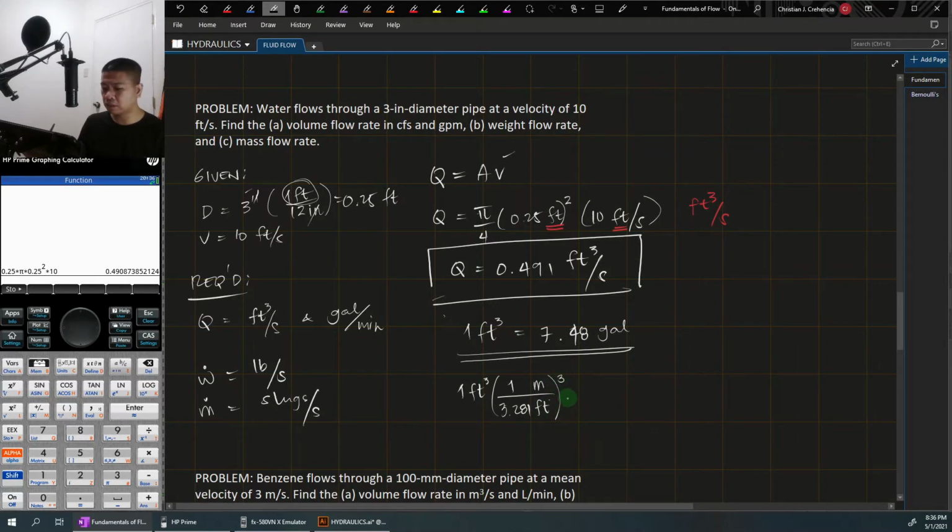Then cube natin. So, ang volume natin ngayon is cubic meter na tayo. Okay, and then to convert cubic meter to gallon, i-cancel natin yung cubic meter. So dito naman sa taas is liter, for every 1,000 liters, meron tayong 1 cubic meter.